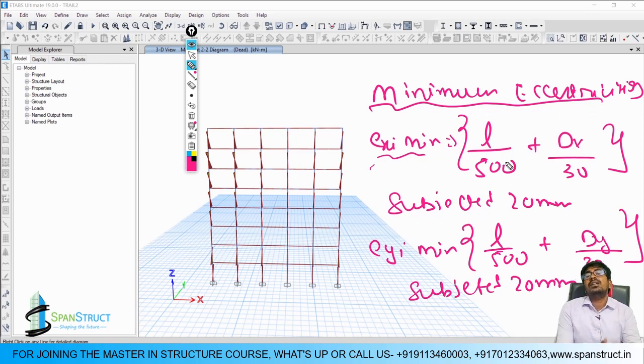So why has the code gone with the minimum eccentricity? We need to understand that. You know that at the site there may be some wrong practice. There could be some problem in the shuttering, or some other problem, where the column could not be perfectly axial loaded. So in both axes, we need to consider at least a minimum eccentricity for designing that type of column.